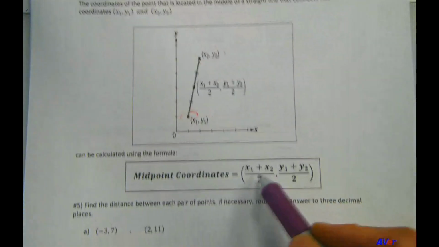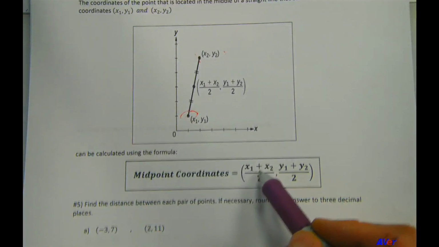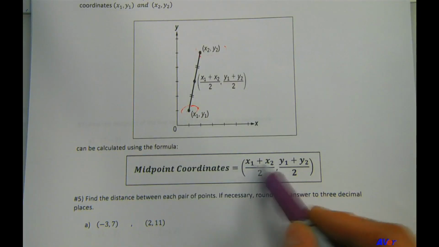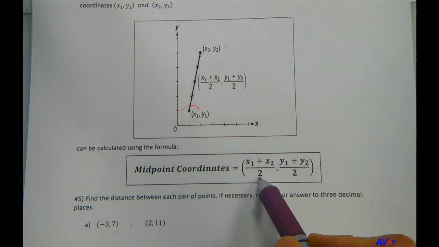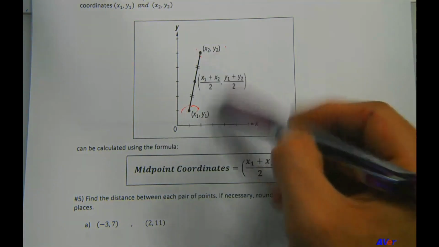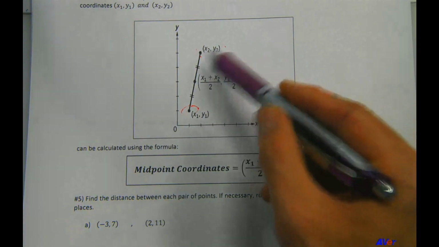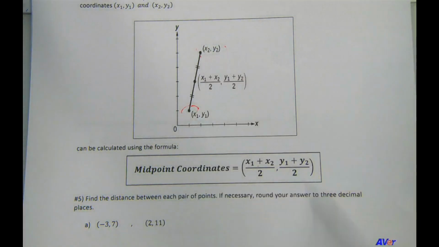So you add, not subtract, add the x components of the 2 end points divided by 2, comma, you add the y components of the 2 end points and divided by 2.